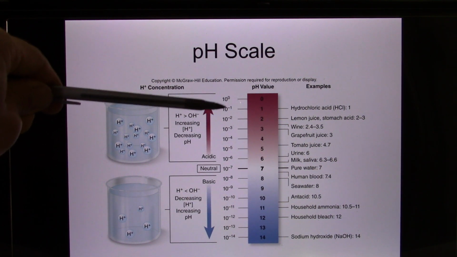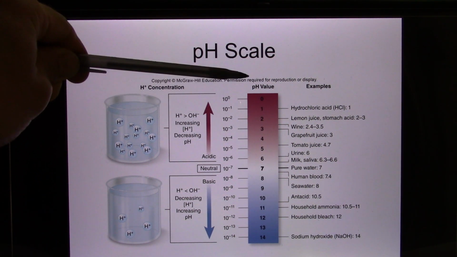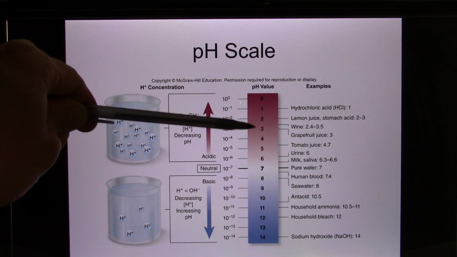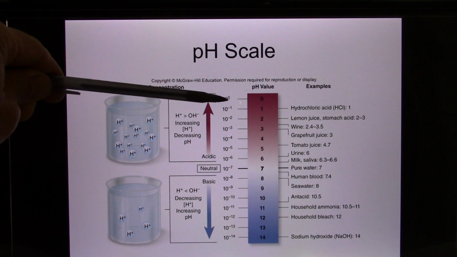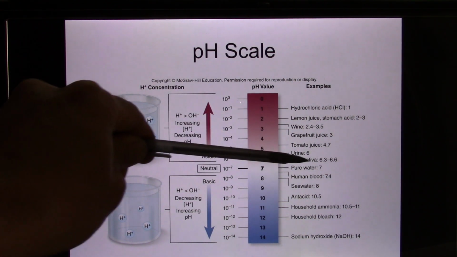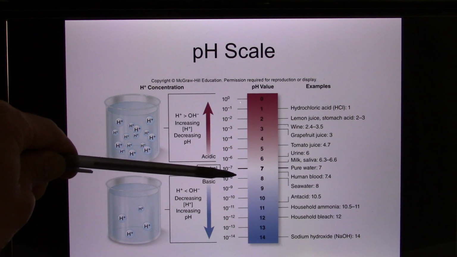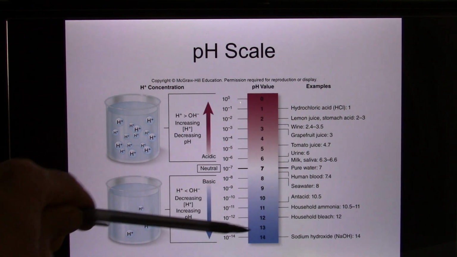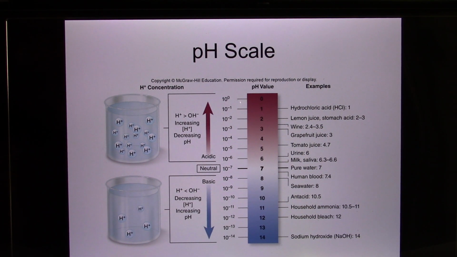And 0.1 M is 10 to the minus 1, so on the pH scale, after the log, it is 1. So the smaller the number, the more acidic. And 7 means neutral, like pure water. When the number is bigger than 7, it's a basic solution. And the bigger the number, the more basic, because there is less H plus.